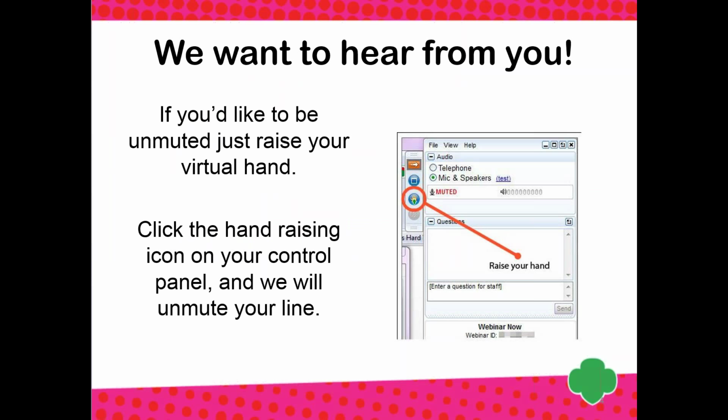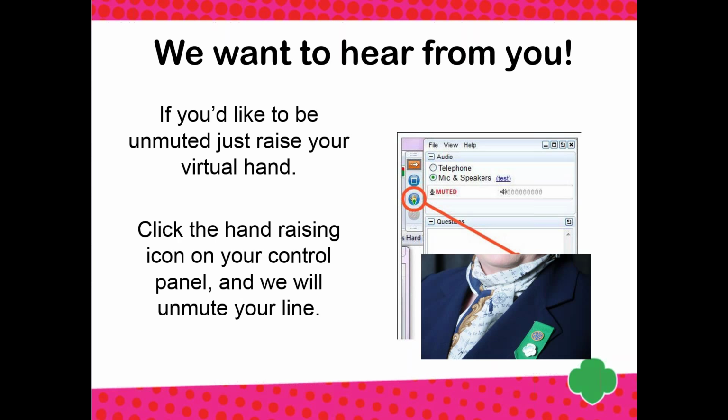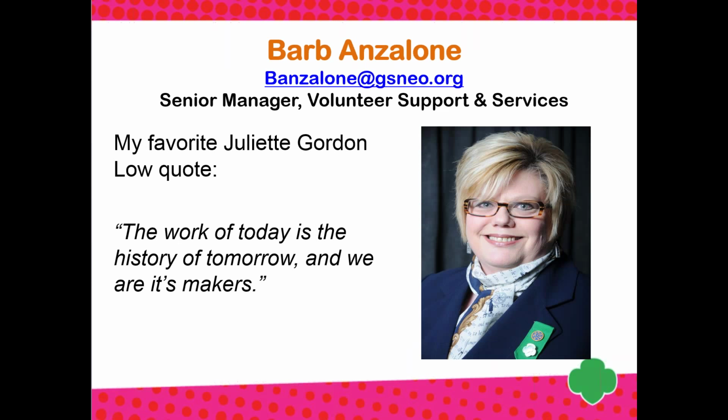When you click it, it raises your virtual hand, and then I'll unmute your line, one participant at a time. Right now, we don't have very many people on the line, but we may be having some join us shortly. We're very glad you joined us this evening.